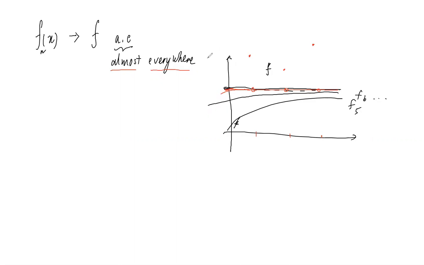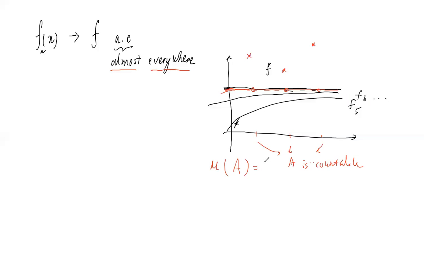Almost everywhere means it doesn't matter if other parts are weird like this, because you don't really care about them, since the measure of this set is zero. Let's say I collect them into this set A. All this will go into the set A, and it has to be countable. So A is countable.